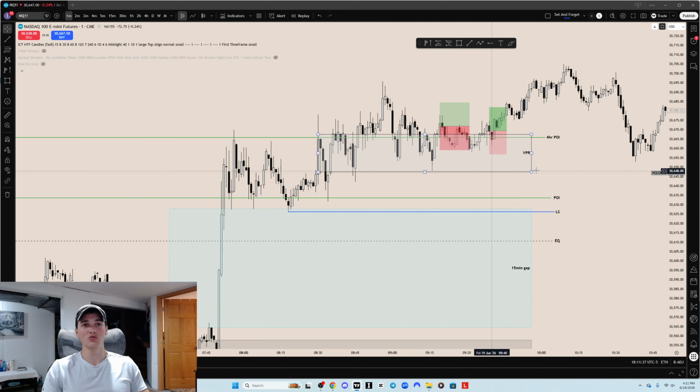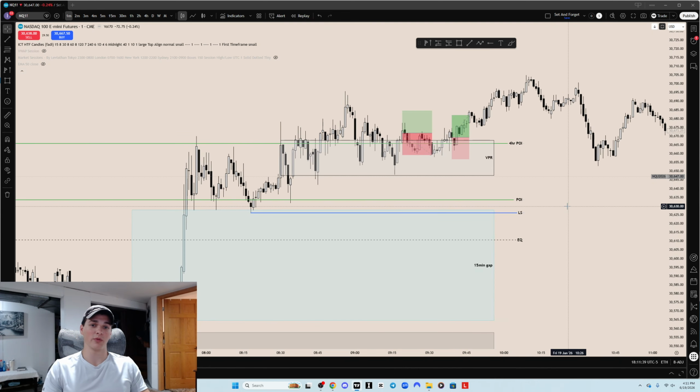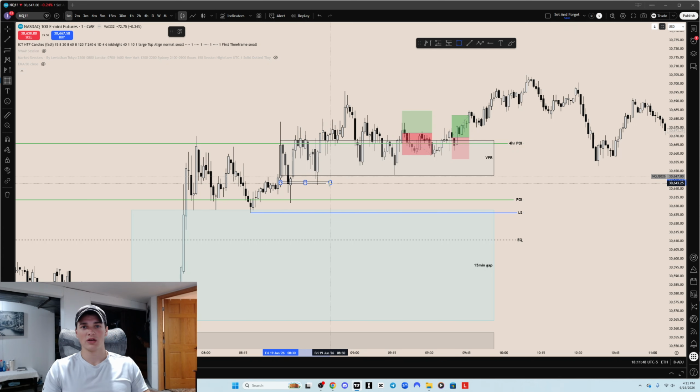So what I'm going to do with this zone, and why it's different from Cramson's, is because he measures the high and the low of the first range from 8:30 to 8:45 or 8:44.